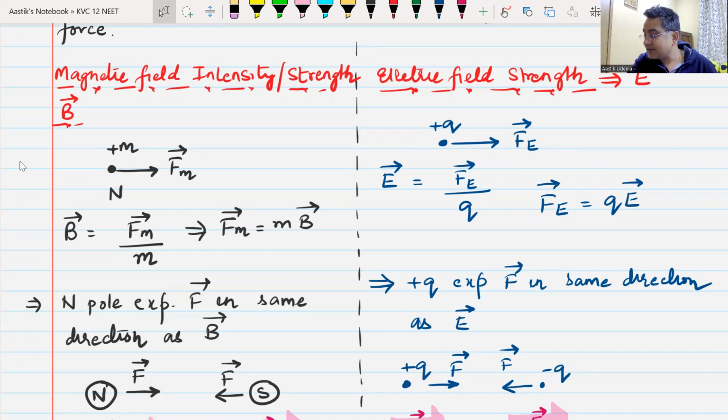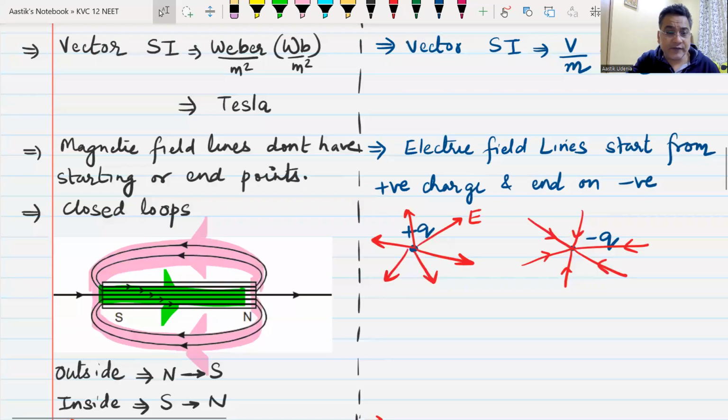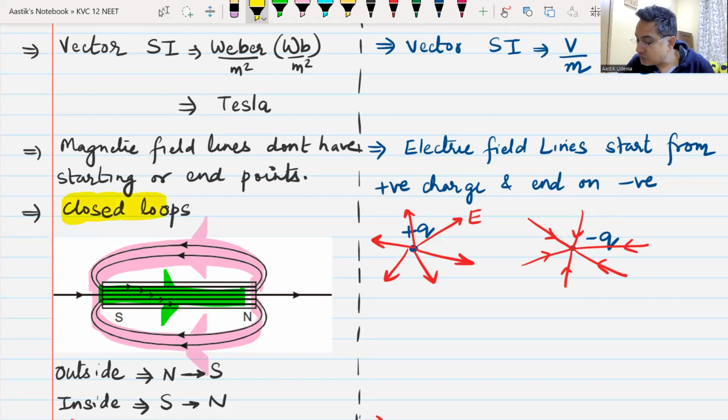They always exist in pairs, and therefore magnetic field lines do not have a starting point, they do not have an end point, they are always in closed loops. So we remember this. Magnetic field lines are always in closed loops, no starting point, no end point.